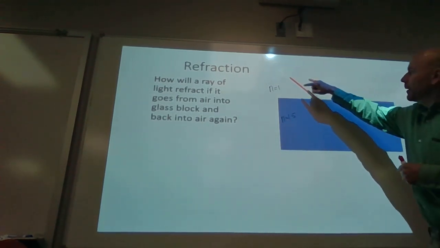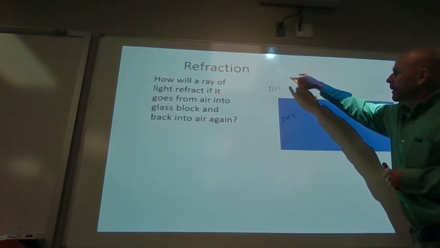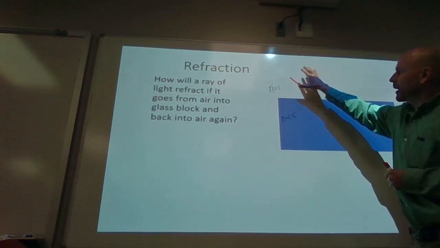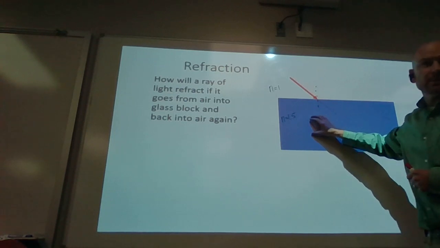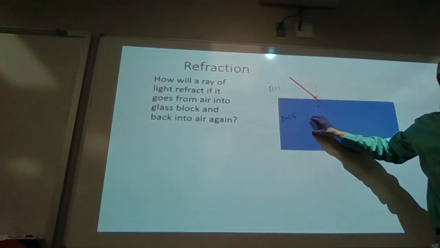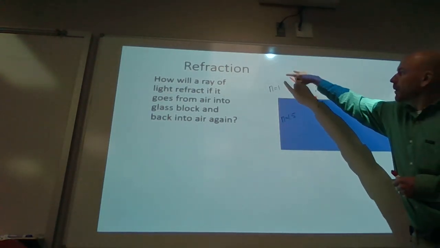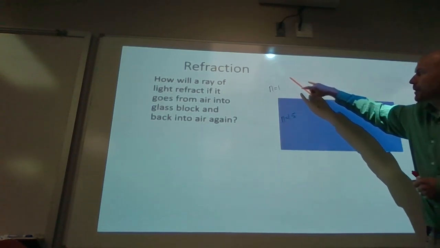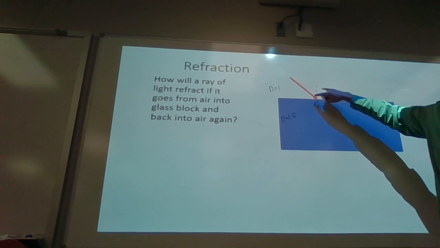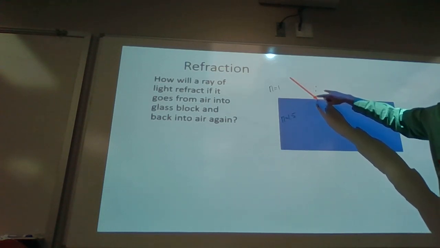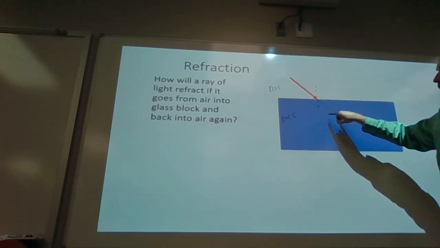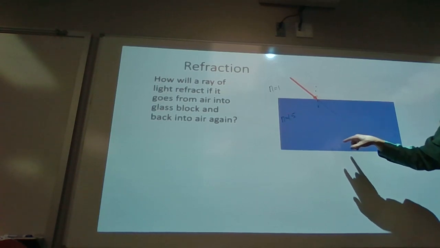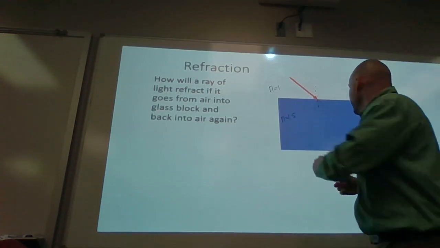My wheelchair is going from the sidewalk into the grass. This wheel is going to get in the grass first and slow down first, and therefore it's going to bend towards the normal line. What do I mean by towards the normal line?